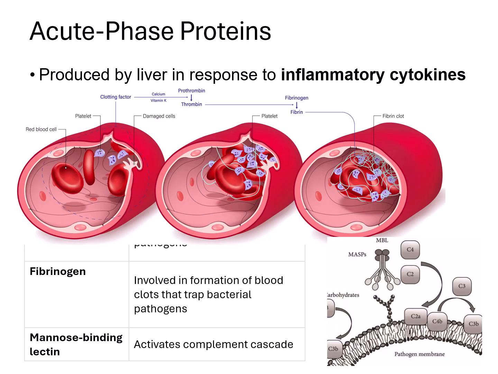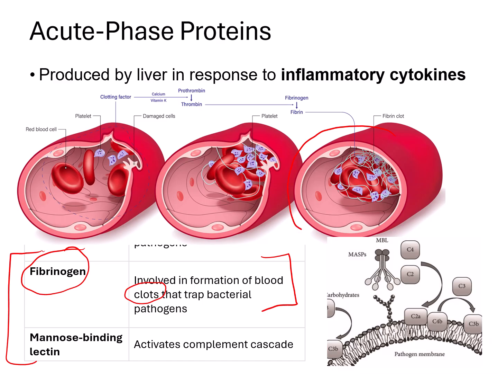And the last two acute phase proteins in our chart include fibrinogen, which is involved in the formation of blood clots that can trap pathogens. So here is an example of a blood clot. If you look at that meshwork, you can see fibrinogen has been activated to fibrin, which forms that mesh-like network that traps microbes. And we have mannose-binding lectin.